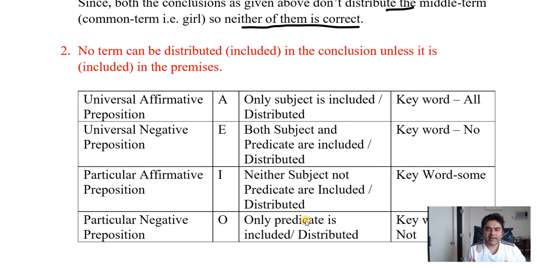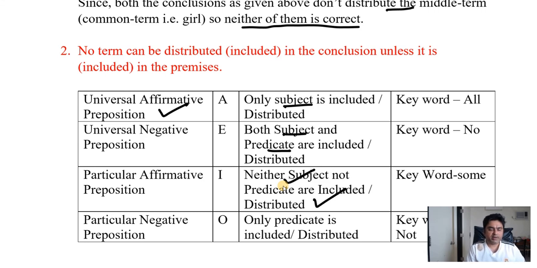So remember, in A, the subject is included. If it is a universal negative proposition E, then both S and P are included. If it is an I, then neither S nor P is distributed. If it is an O type of proposition, then only the predicate is distributed or included. So please remember this thing.